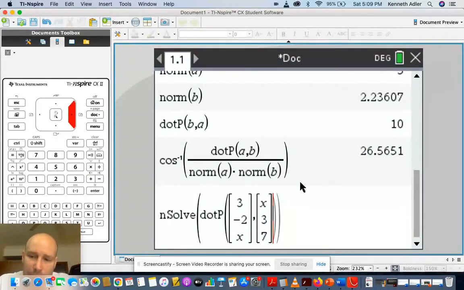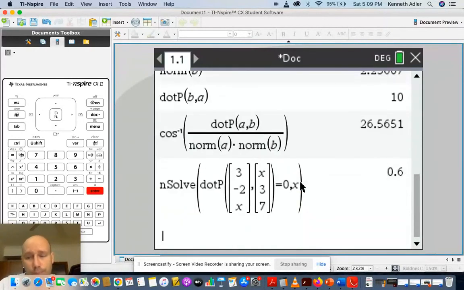And I need the dot product to be equal to 0, comma, x. And the question is, can the calculator solve this? Once again, we were given 2 vectors, and we need to find x so that they're perpendicular. Hit enter. 0.6 or 3 over 5. Nice. Very good. Next, I'm going to show you what these vectors look like in 3 space.